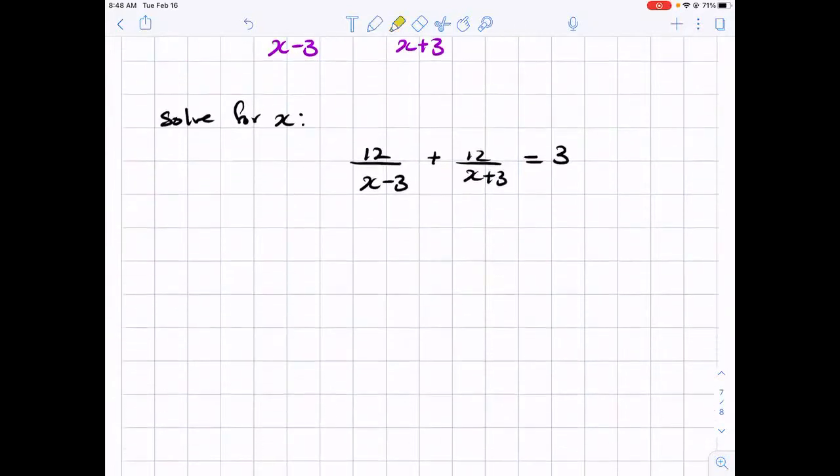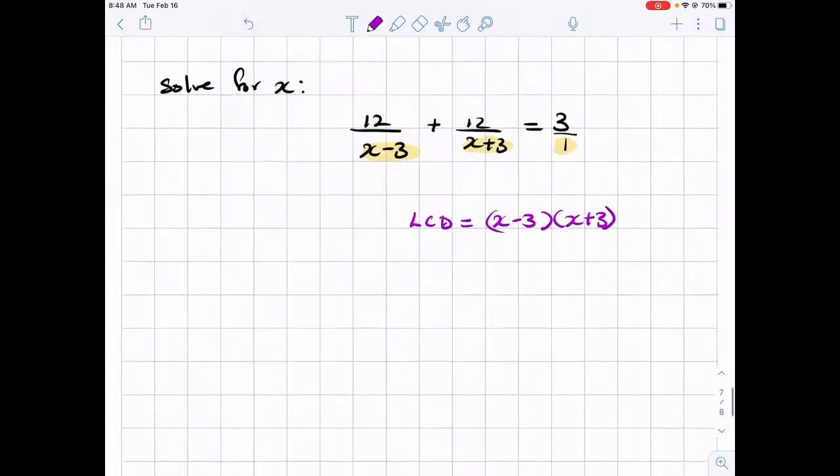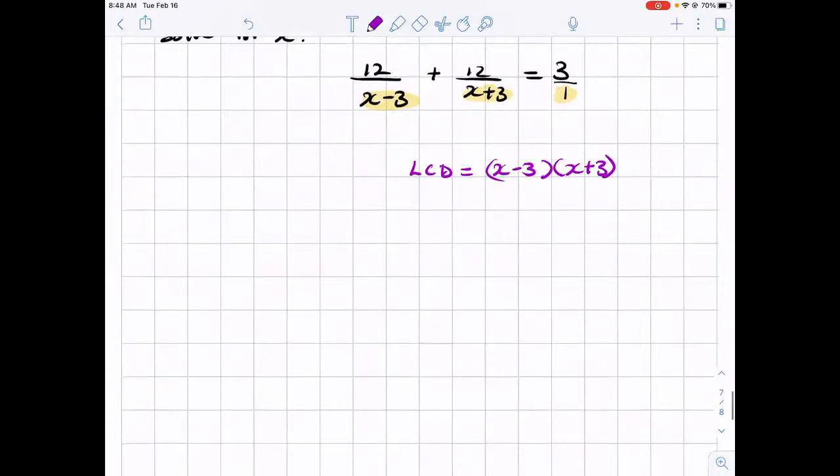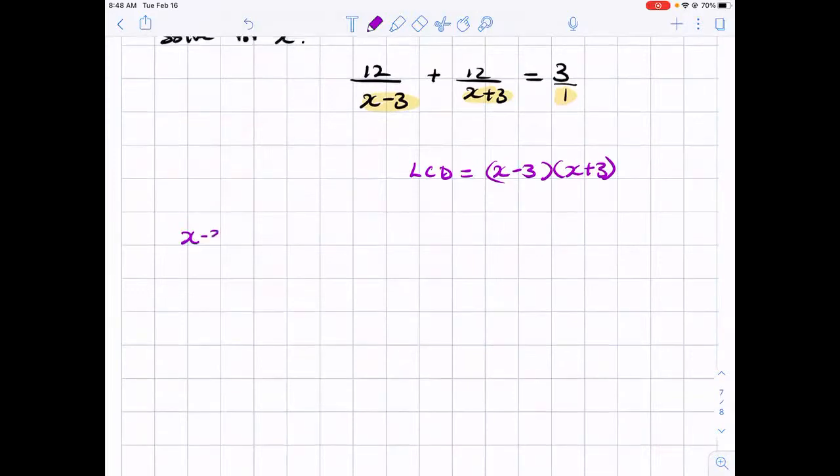There is nothing in the denominators to factor, and keep in mind 3 is the same as 3 over 1. So my lowest common denominator here will be x minus 3 times x plus 3. And now I multiply that by each term of the rational expression.